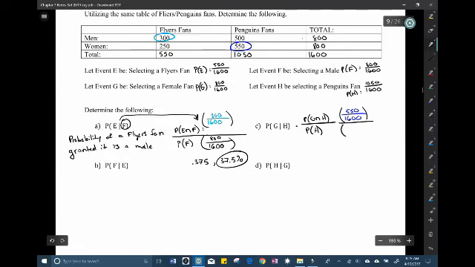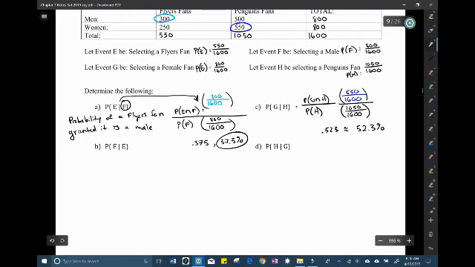The bottom probability is H, the probability that it's simply a Penguins fan, which is 1,050 divided by 1600. Typing that in the calculator, you get about 0.523, or about 52.3%.